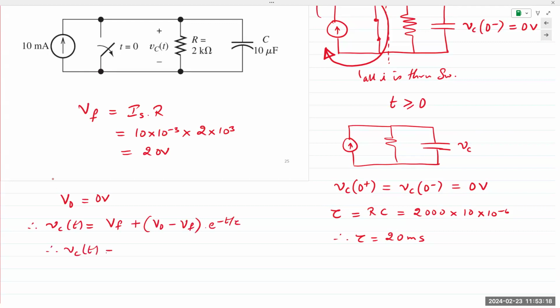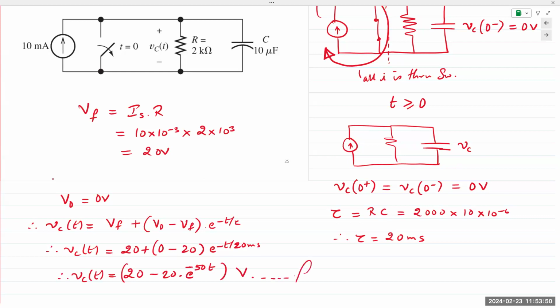Plug in the values and you get 20 plus (0 minus 20) times e raised to minus t over 20 milliseconds. VC of t is 20 minus 20 e raised to minus 50t volts, and this expression is valid for all values of t greater than or equal to 0.